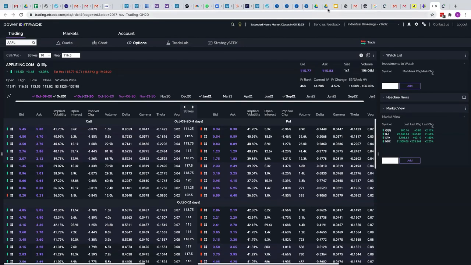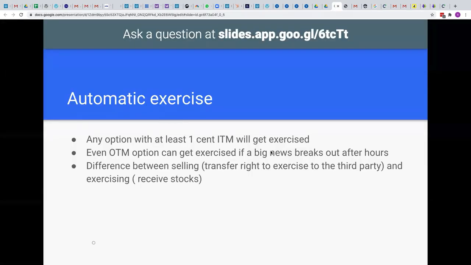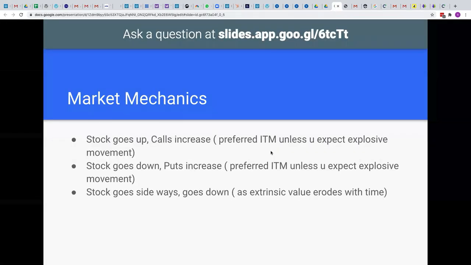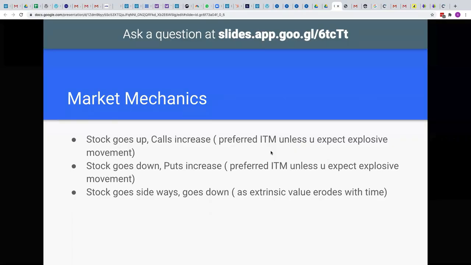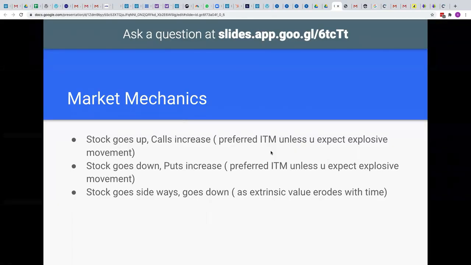Okay, so let's go to the next one. Just wanted to talk about this market mechanics again. Stock goes up, calls increase, guys. Preferred in the money unless you expect explosive movement. Let's say you have a biotech stock like Moderna, which is coming up with results like FDA approvals.